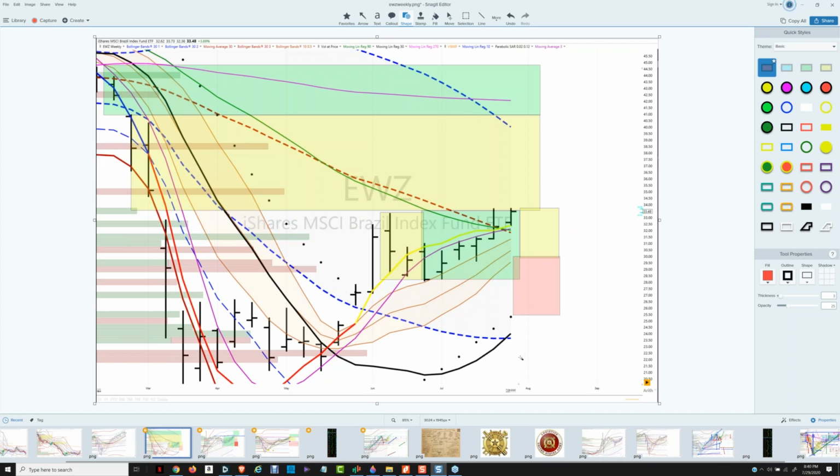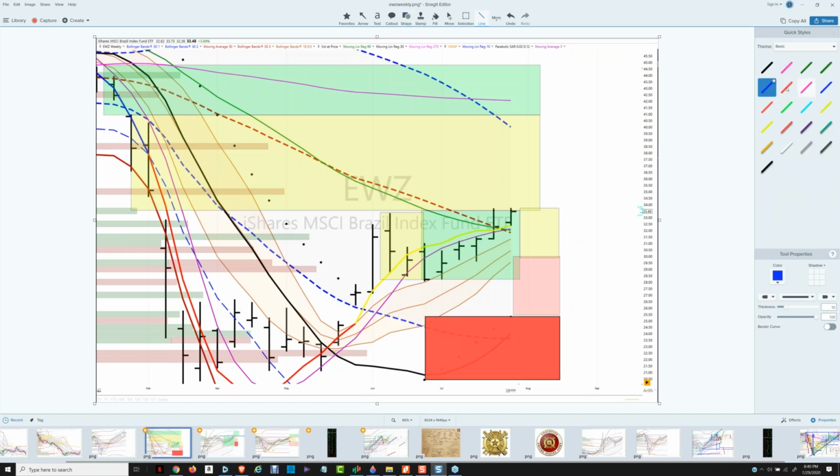And if that fails, it's back all the way back here. So I'm happy with Brazil right now. But I would almost want to protect that, and certainly this, as two possible support levels.